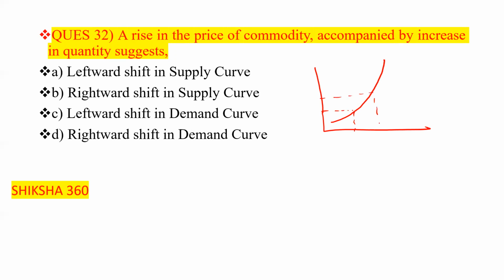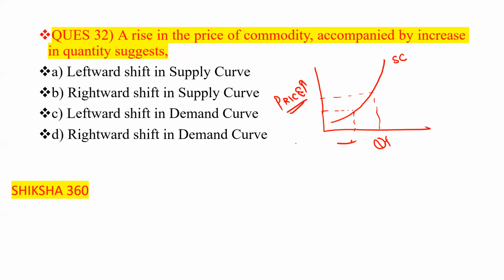First of all, you have to understand that this is the supply curve. This is the question of the supply curve. This is the quantity, this is the price. As the price increases, the quantity is also increased.